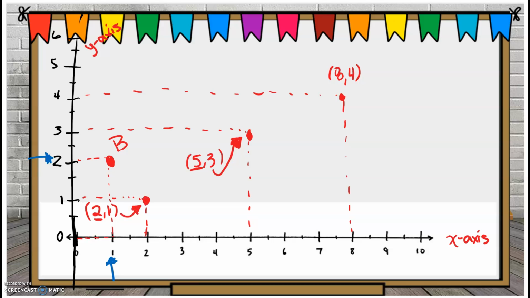And then I found 2, 1. And whenever you're finding any units on the coordinate plane, you're always going to start off by going left or right first, because the x-axis is horizontal, looking at your x-coordinate, and then go up or down, looking at your y-coordinate.